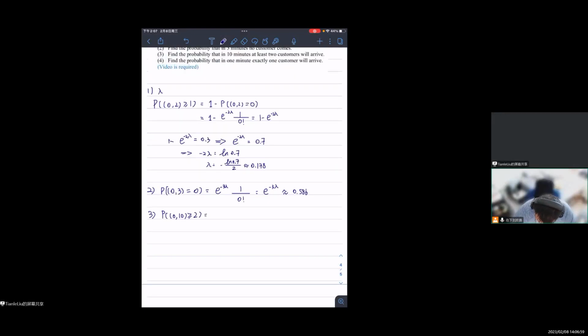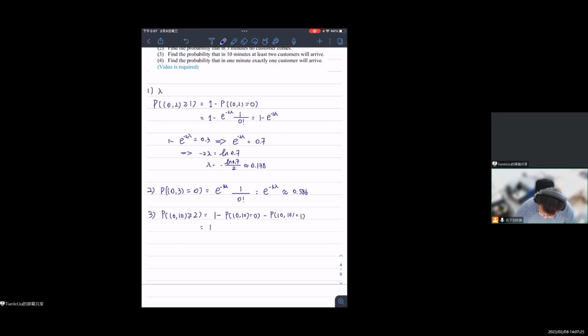Using the complement, it is 1 minus the probability that no customer arrives in 10 minutes, and the probability that only one customer arrives in these 10 minutes.